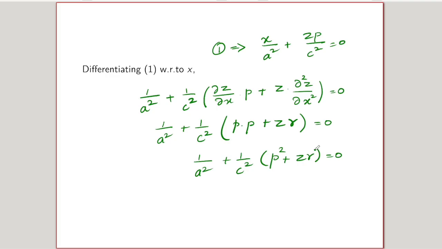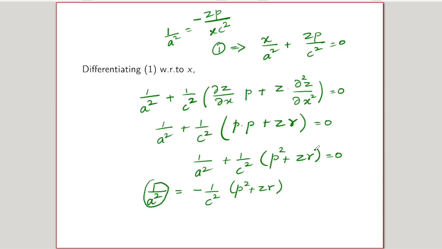So now note that from this equation already we have written 1 by a squared as minus zp divided by x into c squared. So here in this equation also we can write 1 by a squared as minus 1 by c squared into (p squared plus z into r). So now replacing this 1 by a squared with this term, we will be getting minus zp divided by x c squared.